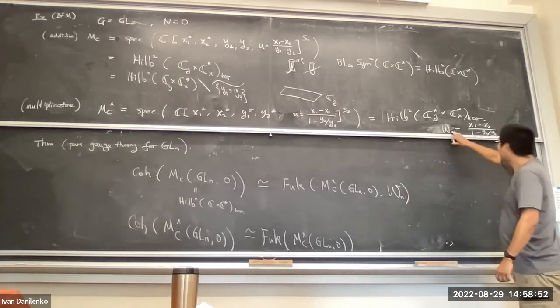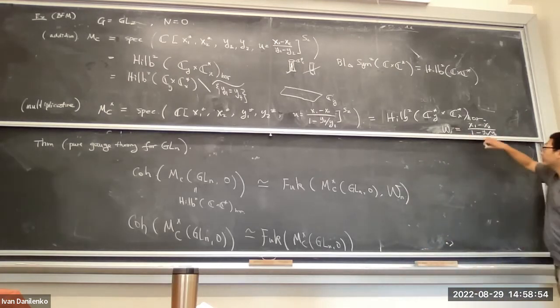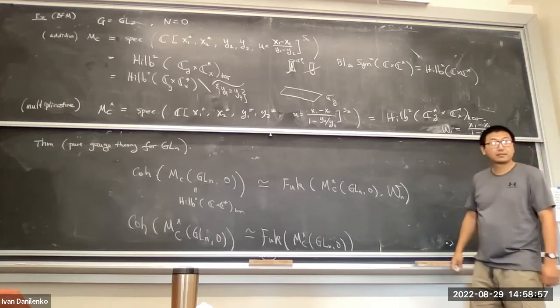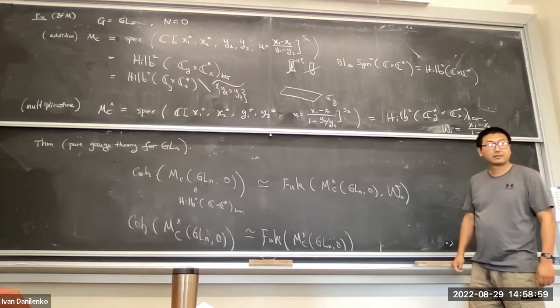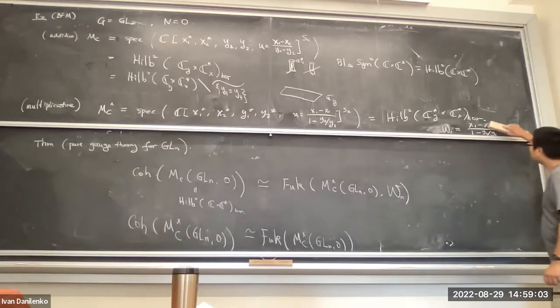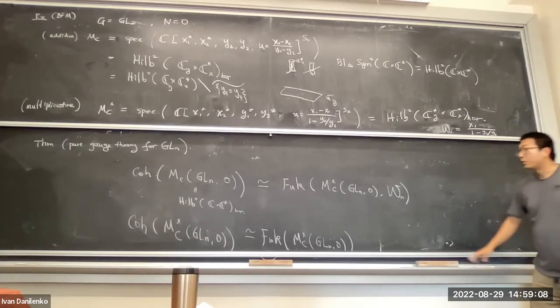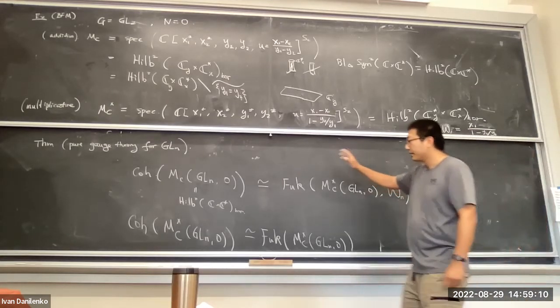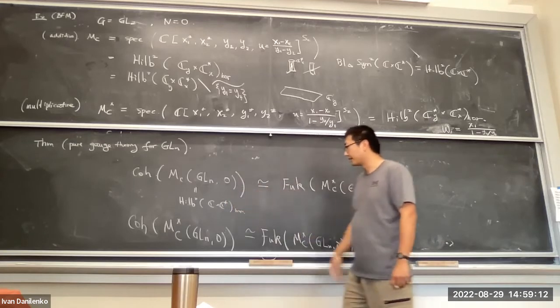Okay, so for middle n equal to 2, it's just most of this space. Oh, sorry. If I put a pure gauge theory, everything is smooth.